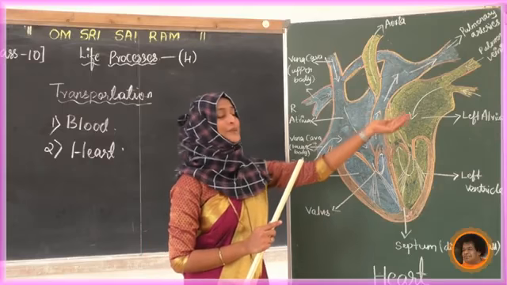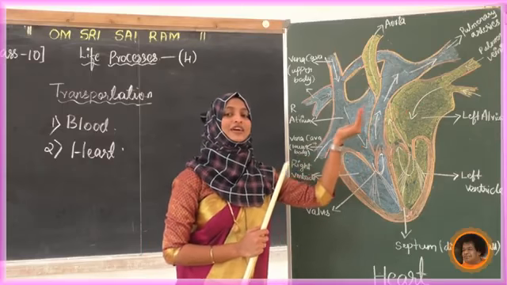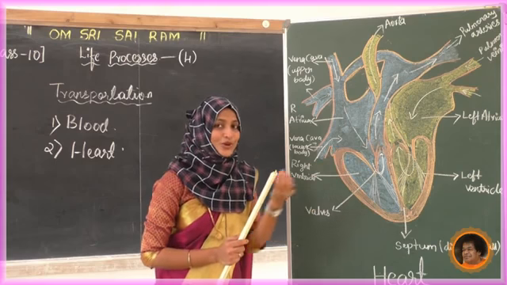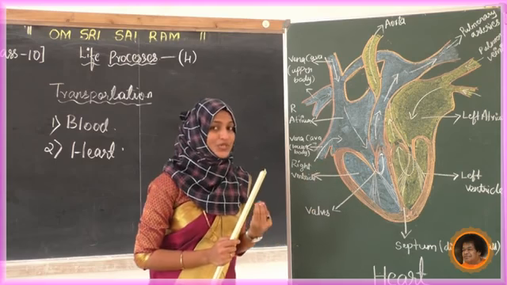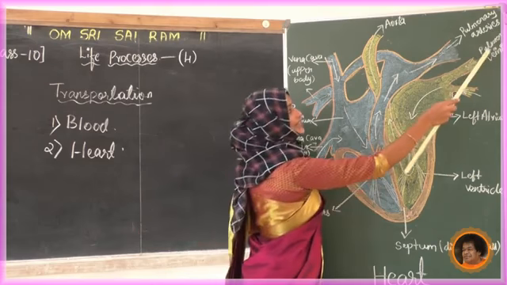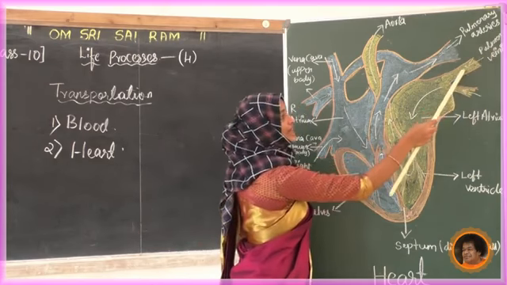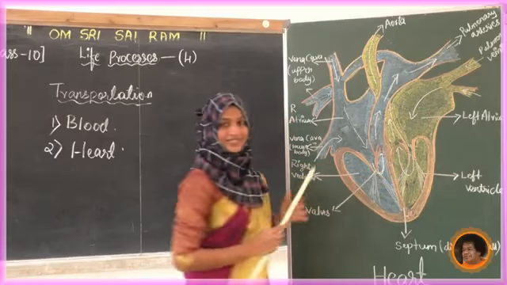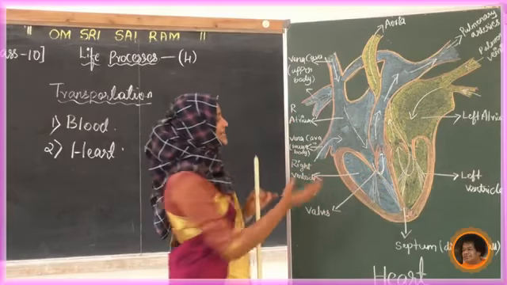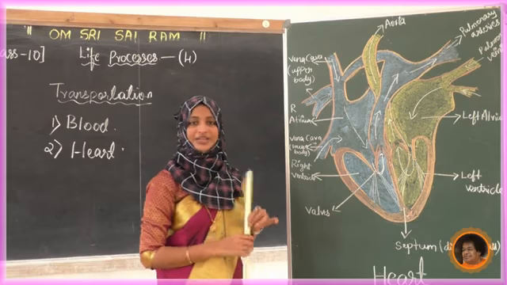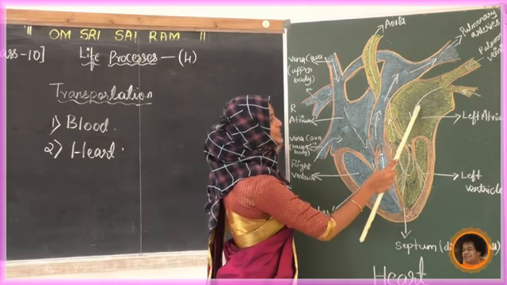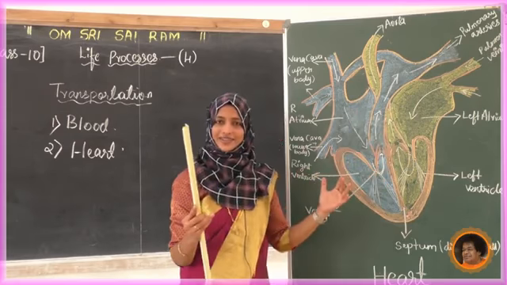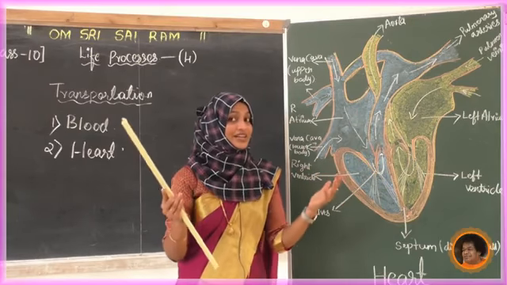In the lungs there will be a number of oxygen molecules, and the blood capillaries are going to collect them. Then through the pulmonary vein, this oxygenated blood reaches the left atrium. The same procedure happens here. Now it is getting the blood, and the size will increase.